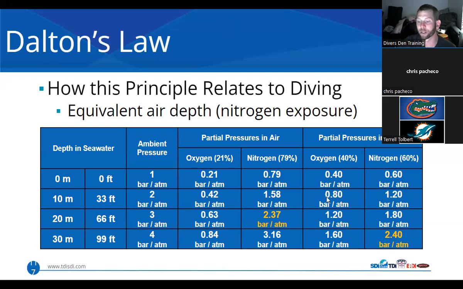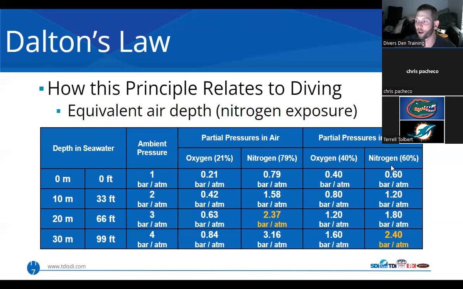That's a function of the nitrogen partial pressure dissolved in your body, and the rate at which you ascend. That's how you control nitrogen exposure, and that's what you learn in open water.